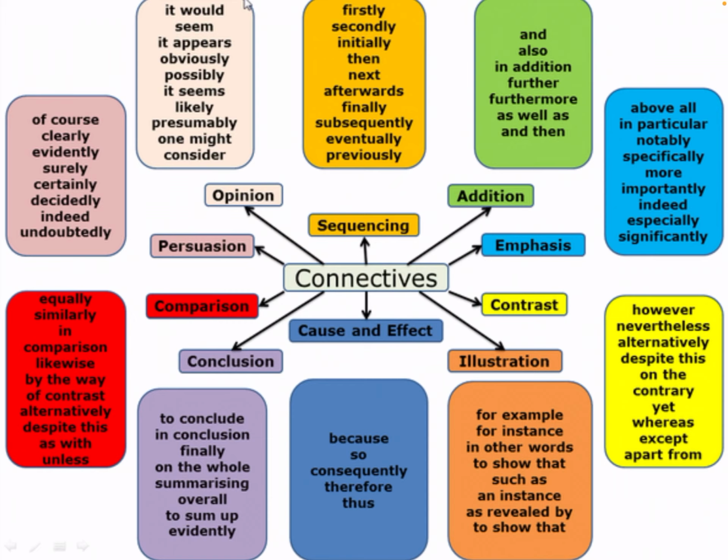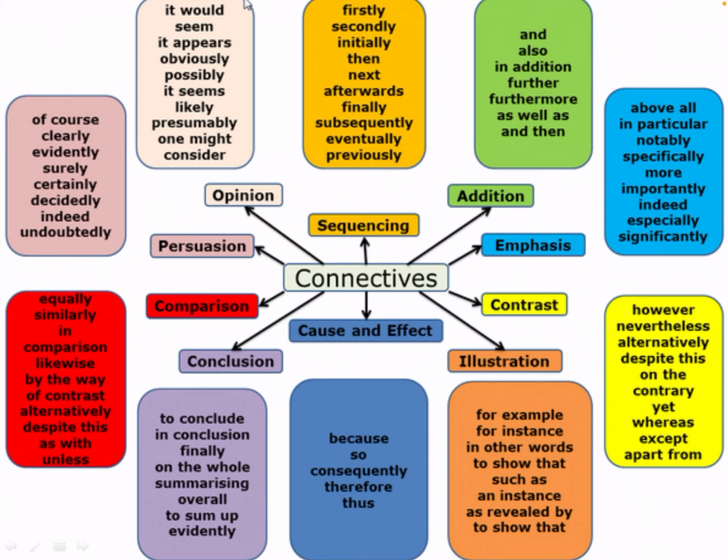Now we come to cause and effect. This is what we are working on in our student and activity book. But I gave you all of the linking words because you will need them next year and the year after. So what is cause and effect?